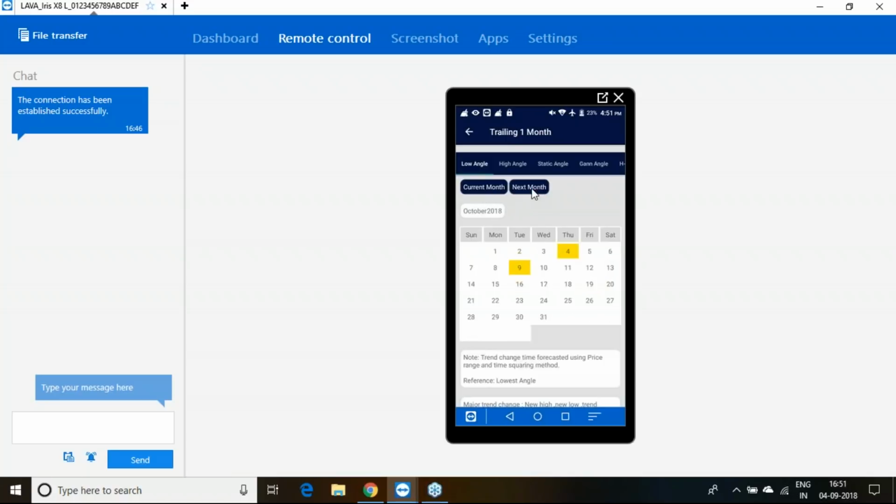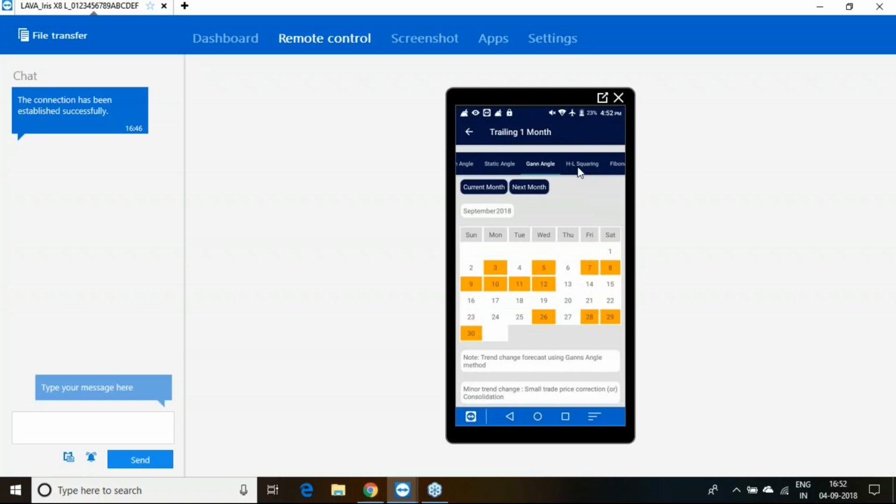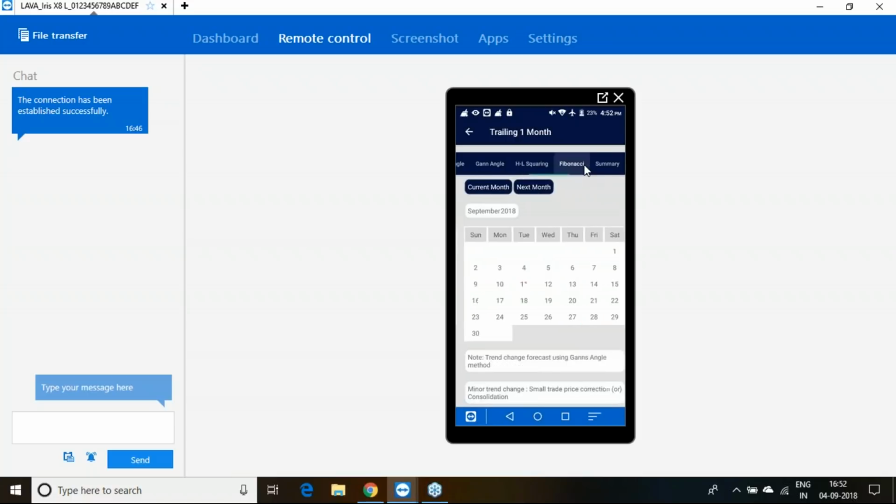Two tabs are given, one to see the current month, another for the next month. The same method is utilized, however your reference changes from previous month to trailing 1 month. Both these methods are important.